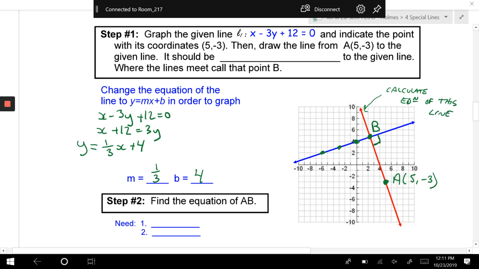And so the two things we need to calculate an equation, right, so I'm going to need a slope, and I'm going to need a point. My point is golden. I'm putting a check mark there because I've been given my point A, (5, -3).